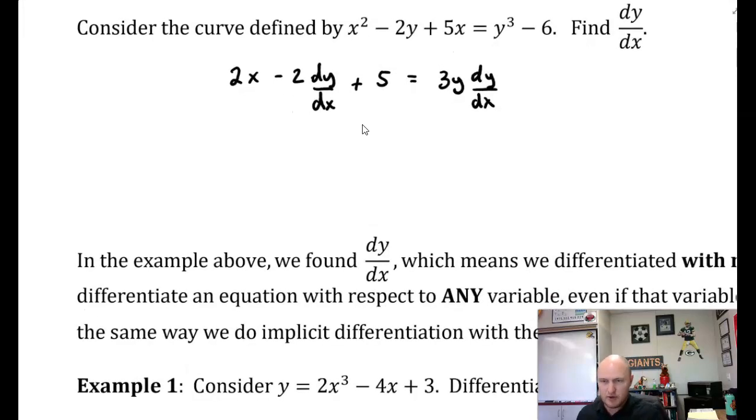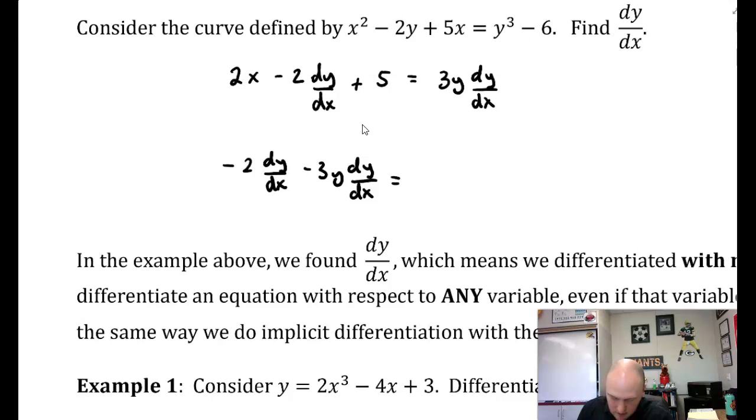Okay, and now I want to go ahead and gather my terms on the same side. So we have negative 2 dy dx minus 3y squared dy dx, and we're going to move the 2x and the 5 over.